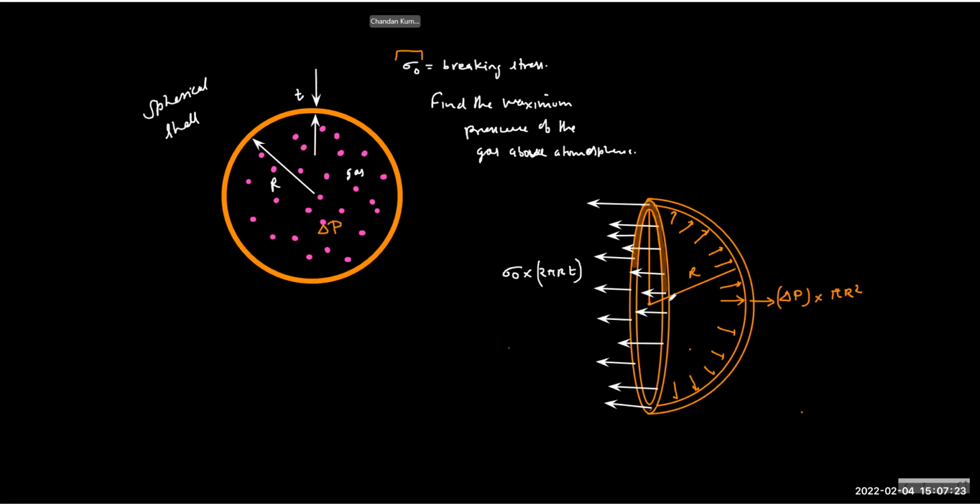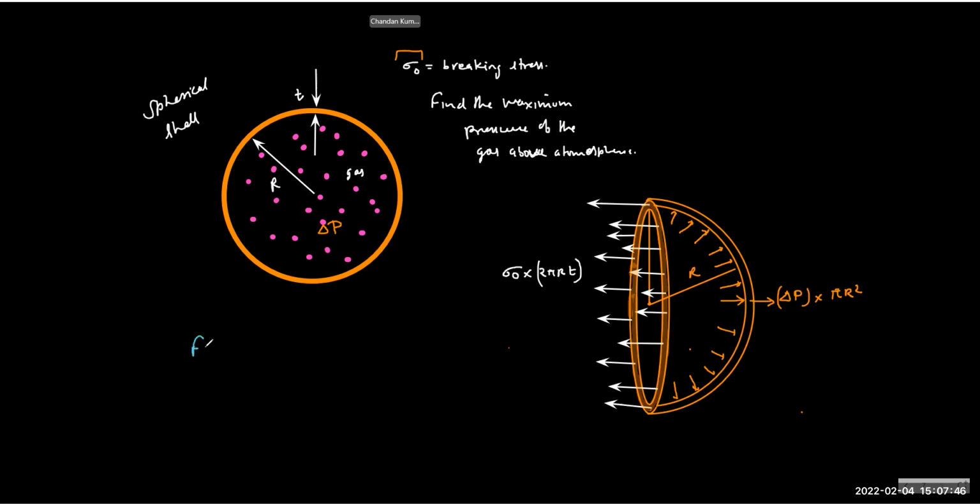You have to imagine the internal structure of the sphere to solve this question. Do you realize this? Yes or no? Yes, sir.